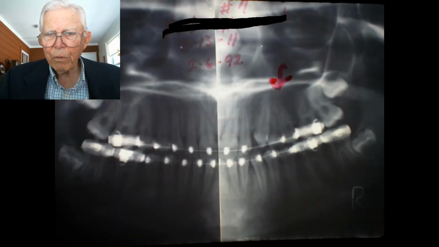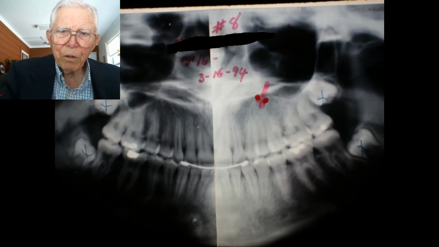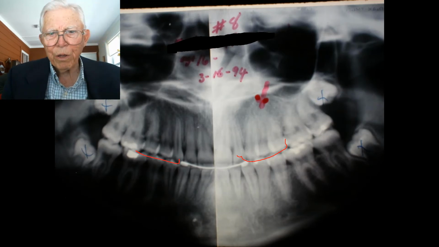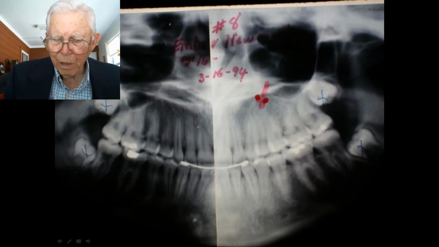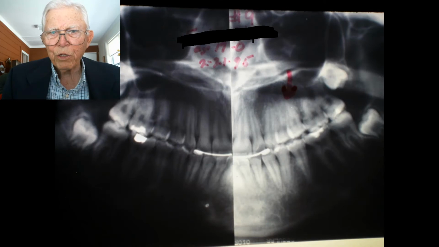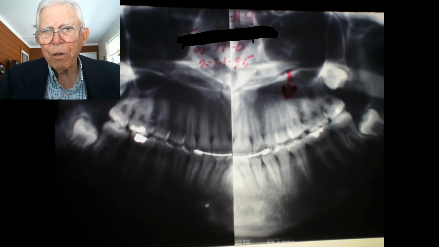And we see that we won't be able to keep the wisdom teeth in this particular case, and now we've got the tooth in place, and this is in there along with this side over here, and you will be able to see that as we bring the case out. Now here it is. I guess this is about the finish of the case, and we've got the lower 3 to 3 attached in this area.